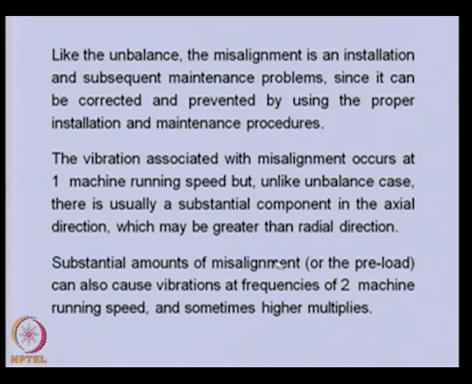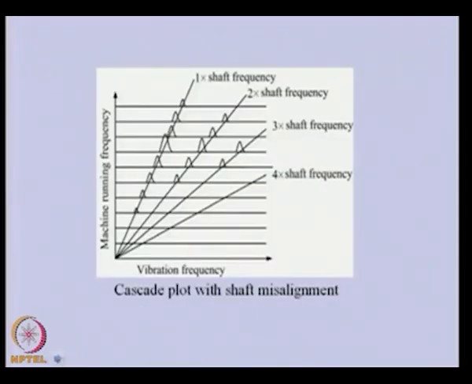Substantial amount of misalignment or the preload can also cause vibrations at twice the machine running frequency, and sometimes higher multiples also, 3x, 4x. So, this is a typical cascade plot with shaft misalignment.